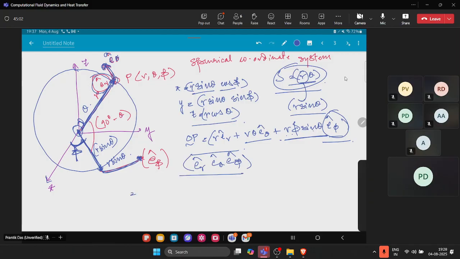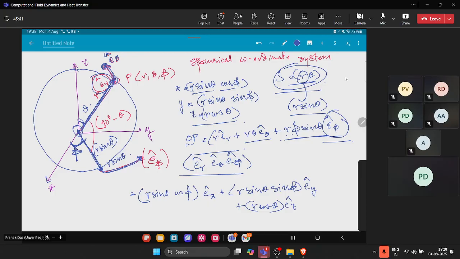And now if I want to express in terms of the xy coordinate system, that is Cartesian coordinate system, it will be r sin theta cos phi I cap or E x cap, plus r sin theta sin phi E y cap, plus r cos theta E z cap.